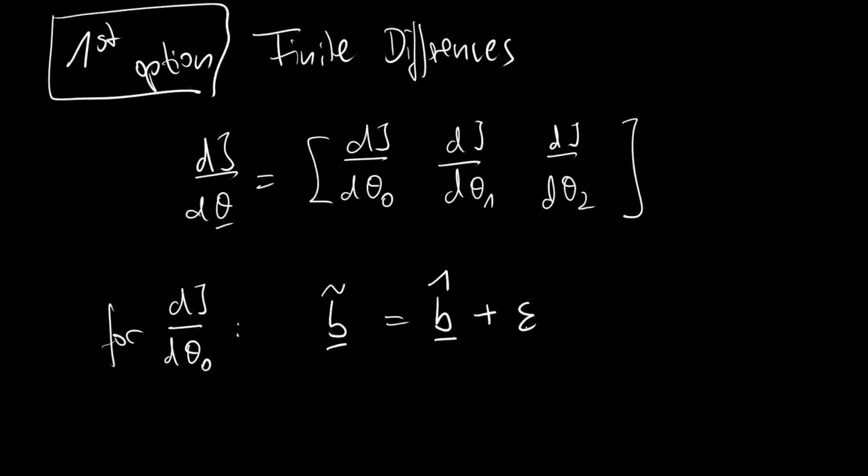Usually this is 1e minus 6 or 1e minus 5, something in that range. And then you multiply that with the unit vector in the 0th direction in that case, because you want to add this negligible amount to the 0th entry in that vector.